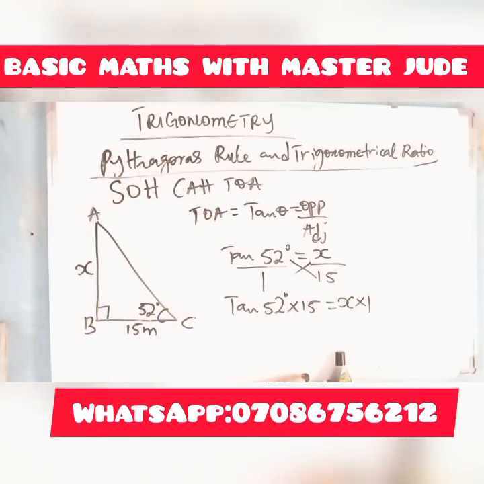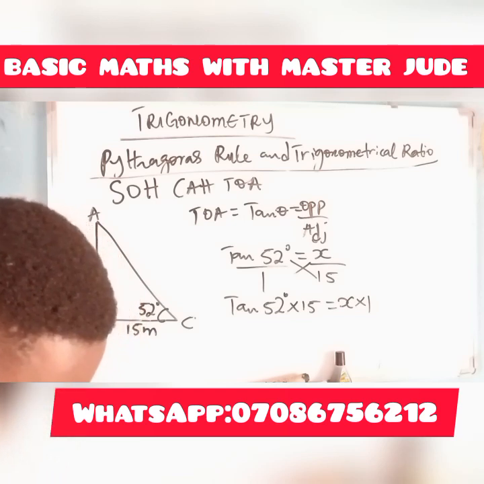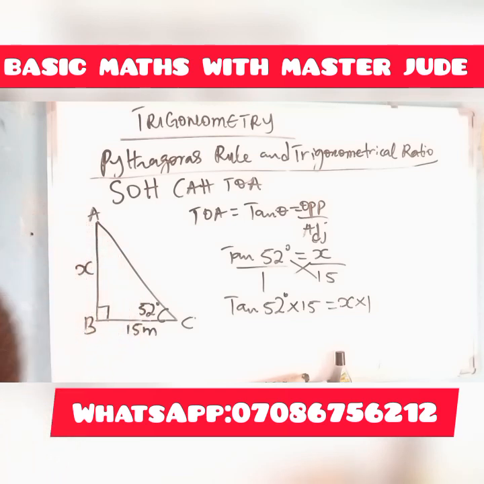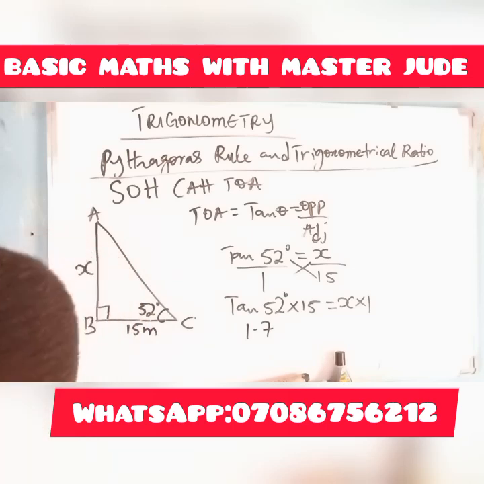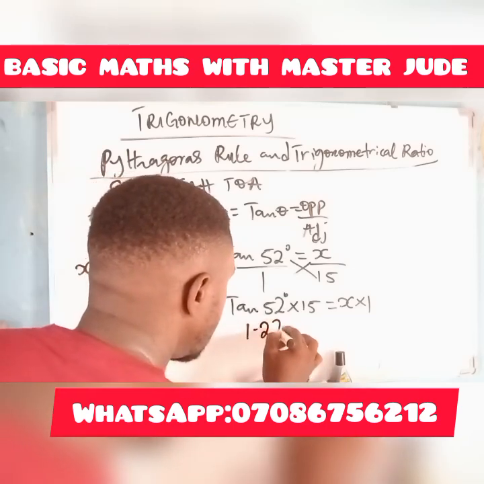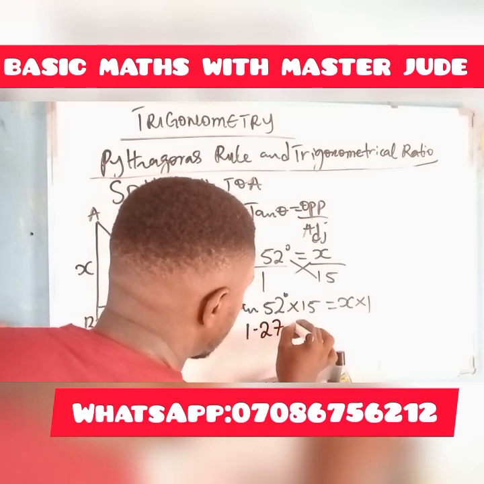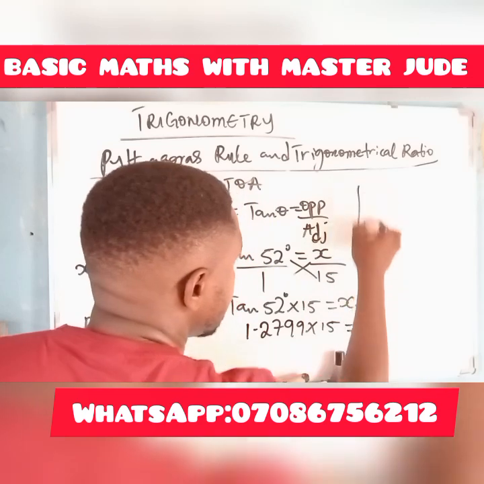Now using our calculator, tan 52 is equal to 1.2799. 1.2799 multiplying 15 is equal to x.